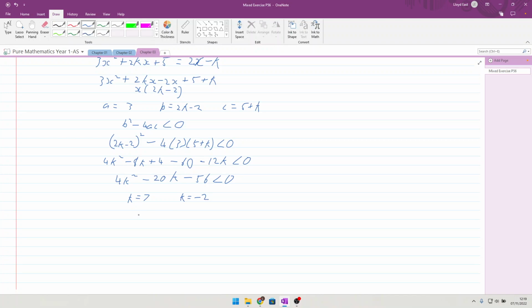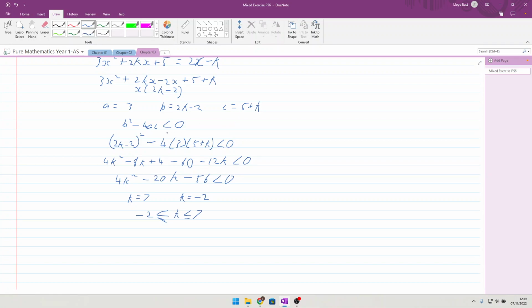So the range of values is minus 2 is less than k is less than 7, I believe. And if we have them equal, they just come in there. Okay, so less than or equal to.